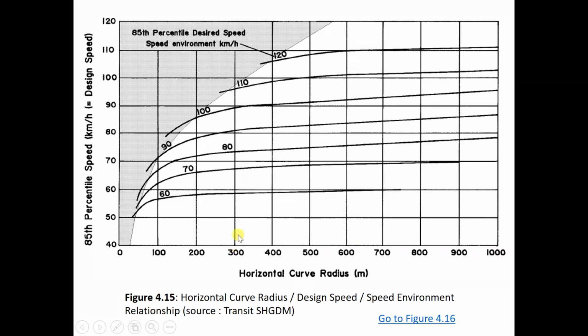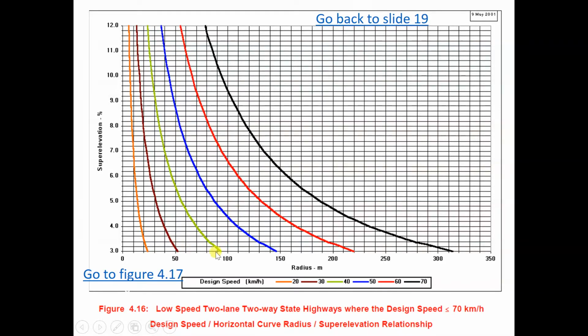Then for 80 kilometer per hour, actually your design speed is 74. Yeah, 74. So even though the design speed is 80k, the 85 percentile speed that we're going to look into is actually 74. So we look at the next table here.